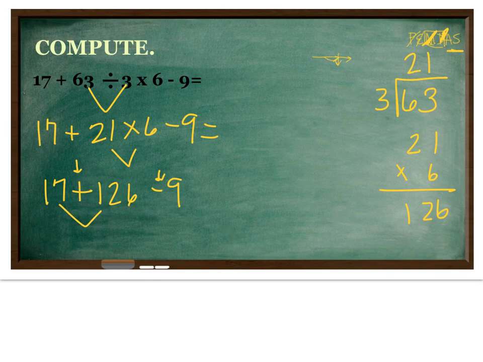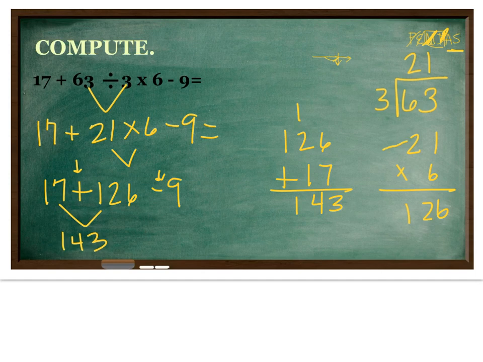So I'm going to say 126 plus 17. Okay, so 126 plus 17, so that is 13. That will be 4 and 1. So that's going to be 143, correct?